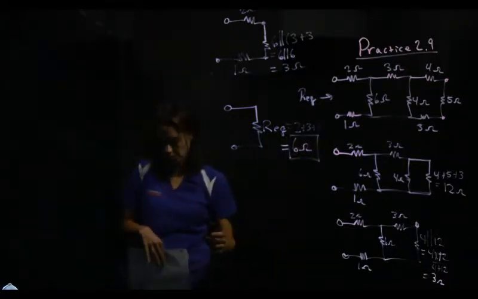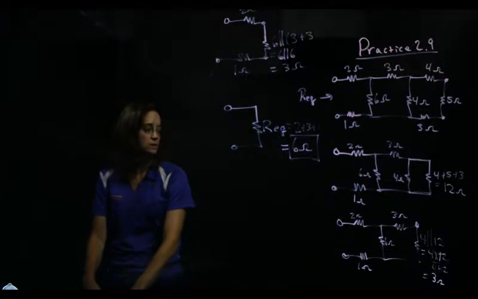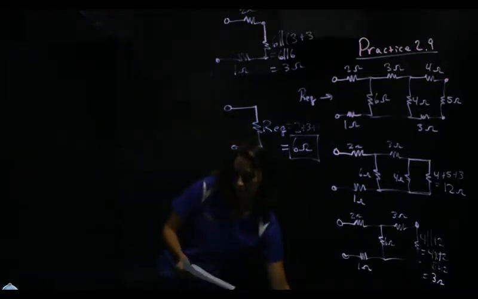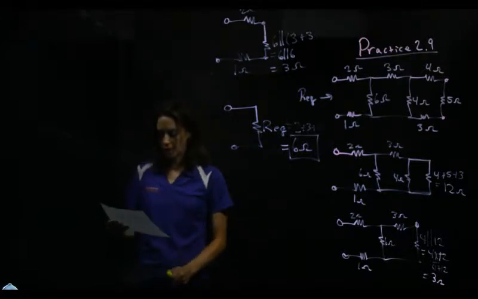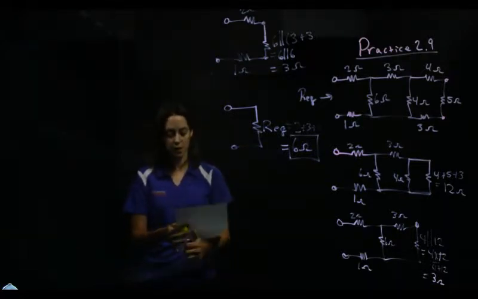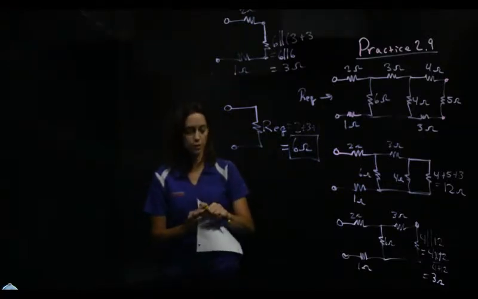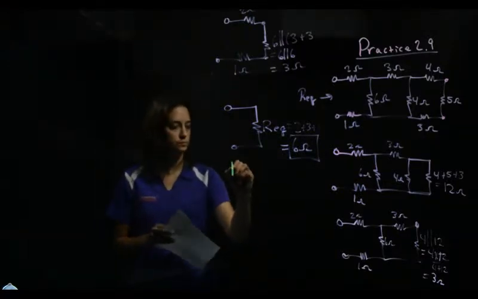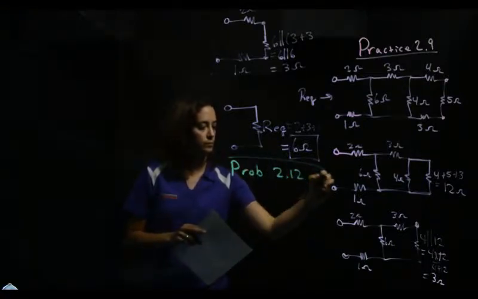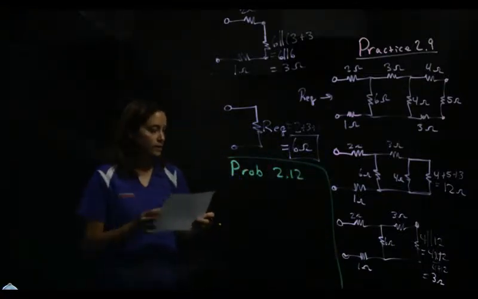Now switch markers for this next problem. That's equivalent resistance. Now the other problem we're going to look at is going to combine several different things that we've done so far. And this is practice problem 2.12. And it looks like this.